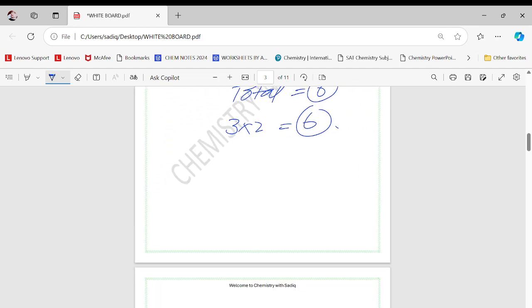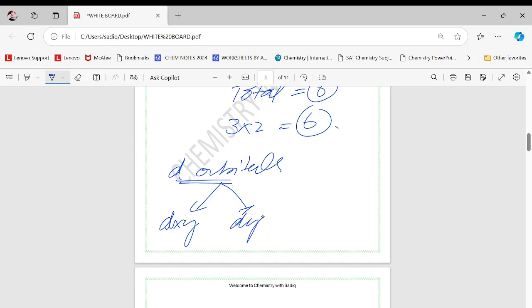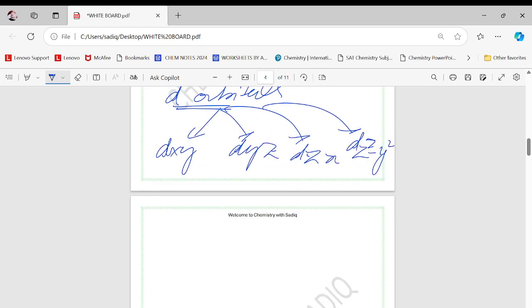Then we have the d orbital. D orbitals are classified into 5 categories: dxy, dyz, dzx, dx square minus y square, and the last one is dz square only.